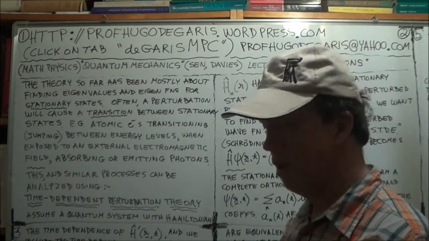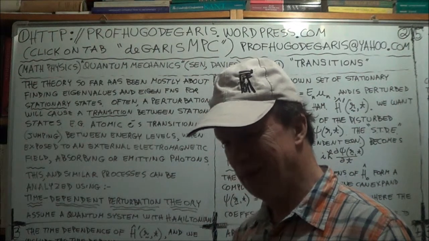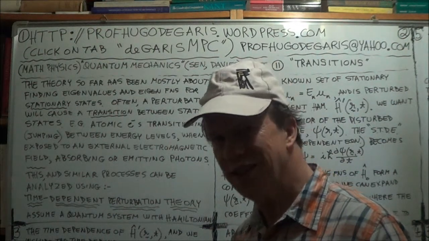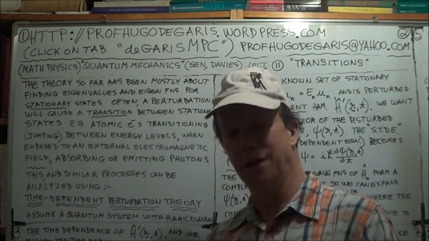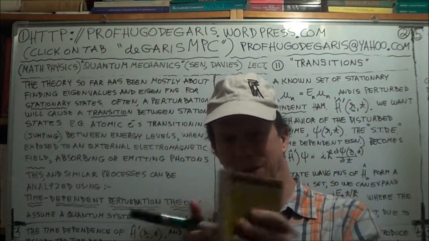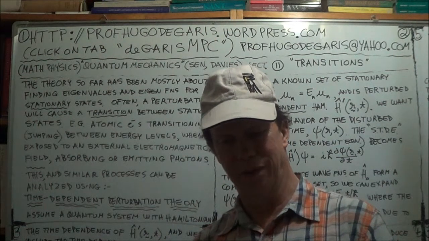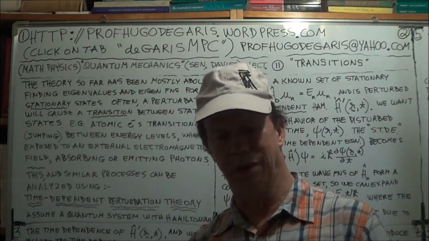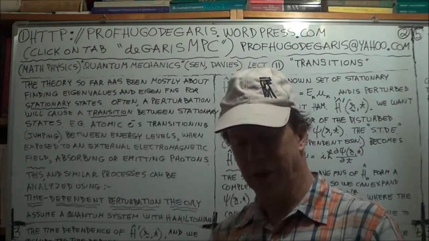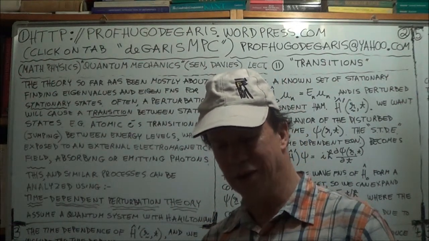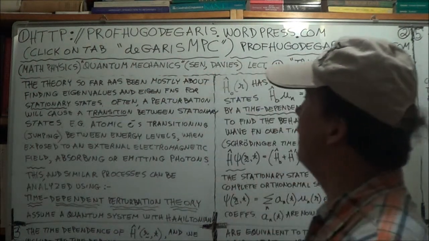Now, you may notice it's taken us this long. Here we are, the last chapter in the book, and the book's fairly thin, about 150 pages of theory, with various questions at the back and answers.